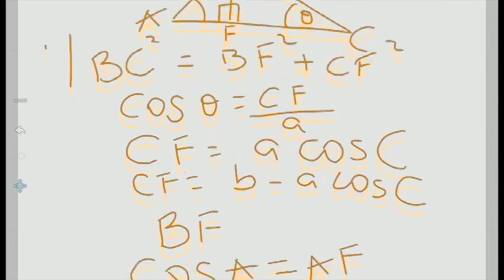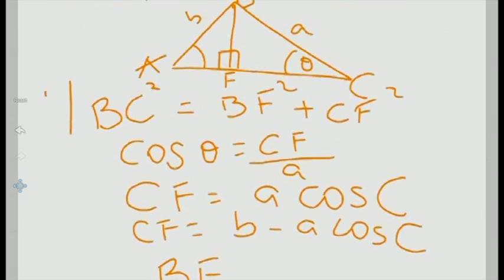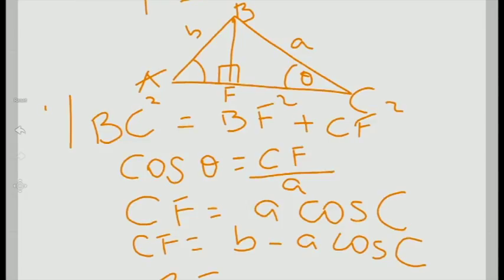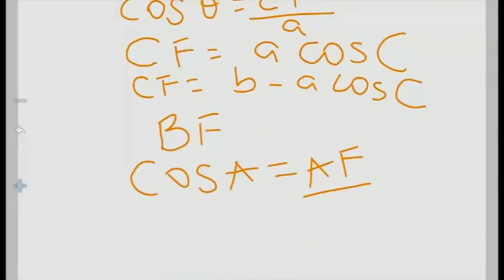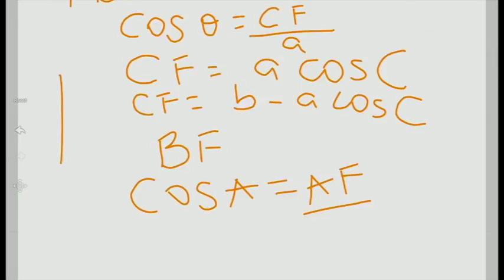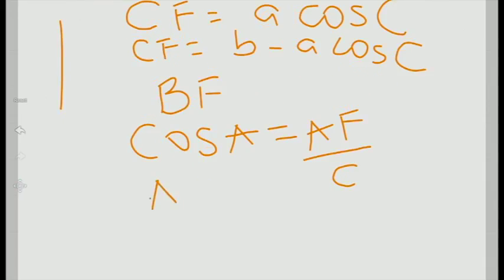Hypotenuse is, sorry, C. This is side C here, this is side B. So we have AF over C, which means AF is equal to C cos A.